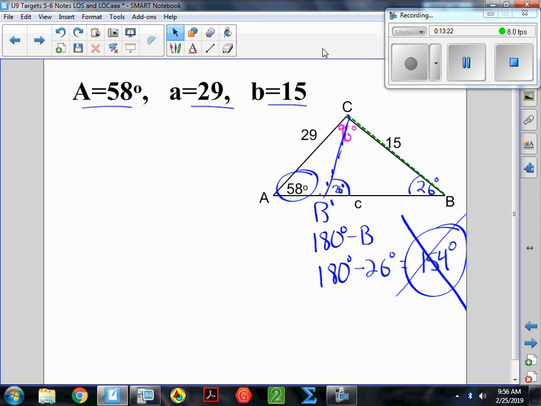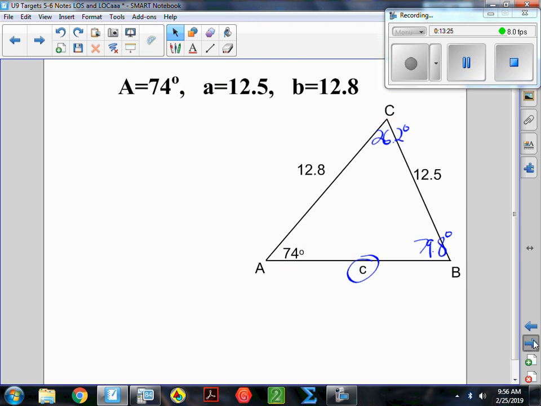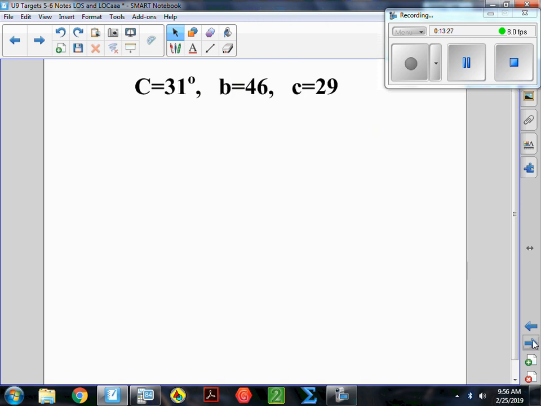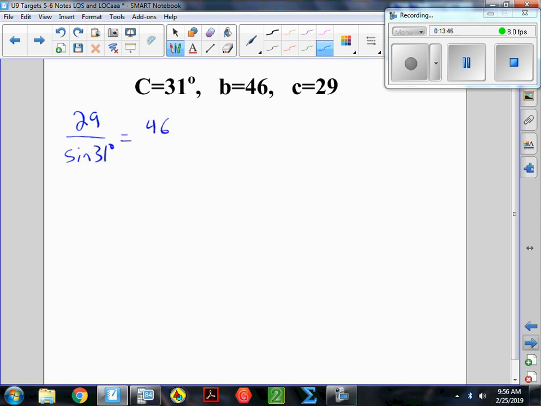So let's summarize all that and what you actually need to do by looking at this problem from start to finish. So I have a triangle. I don't want to necessarily draw it out for you because sometimes it's hard for you to draw out the triangle. So I just want to show you what would happen if I start from the beginning and apply the law of sines. I would start with 29 over sine 31, and that would equal 46 over sine of B. Okay, so I'm going to use my calculator and find out what that is.